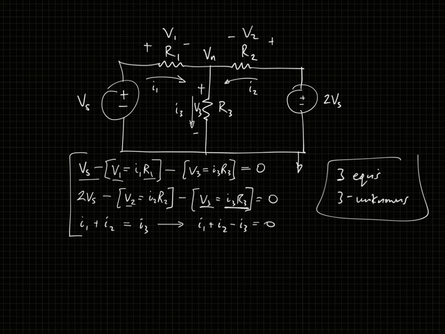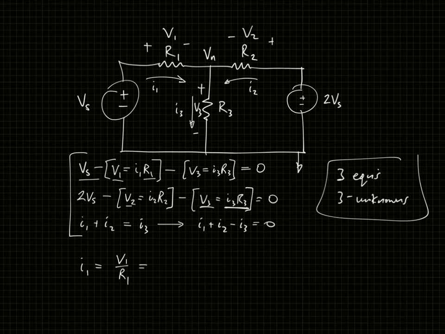So I1, in terms of the voltage here and here, we already know what I1 is with respect to V1, but now we know what V1 is because we know the voltage here and we know the voltage here with respect to ground. So we're going to write I1 equals V1 over R1, and we know what V1 is.